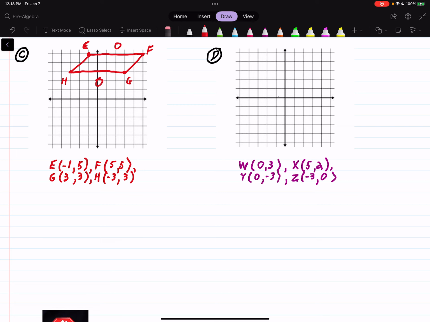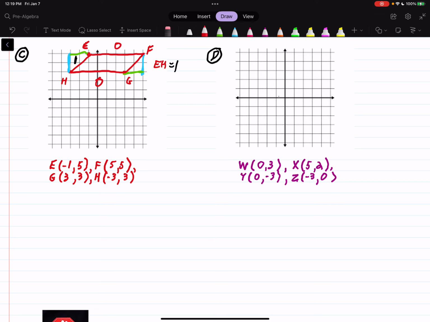So now we just have to figure out the slope of EH. Well, its rise is 2, and its run is 2. So 2 over 2 is a slope of 1. So we're going to put a 1 there. And let's look at the rise for G to F, 2. The run is 2.